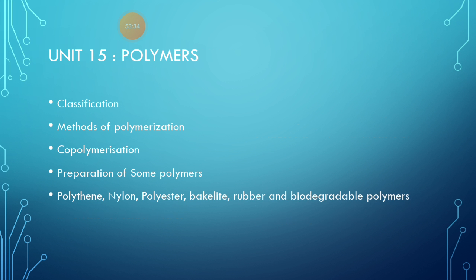We are going to learn copolymerization. We are going to learn about the preparation of certain polymers like polythene, nylon, polyester, bakelite, rubber, biodegradable polymers, along with their applications, where they are applied.